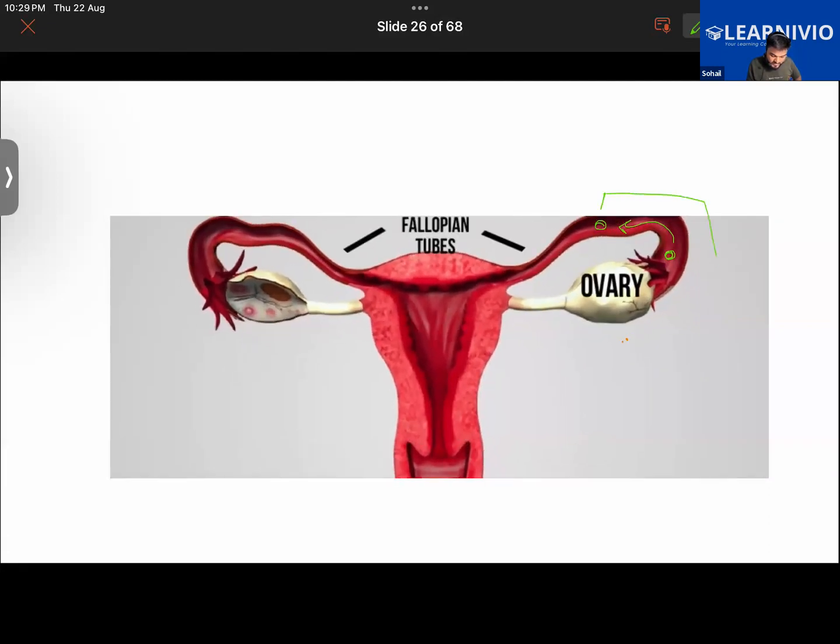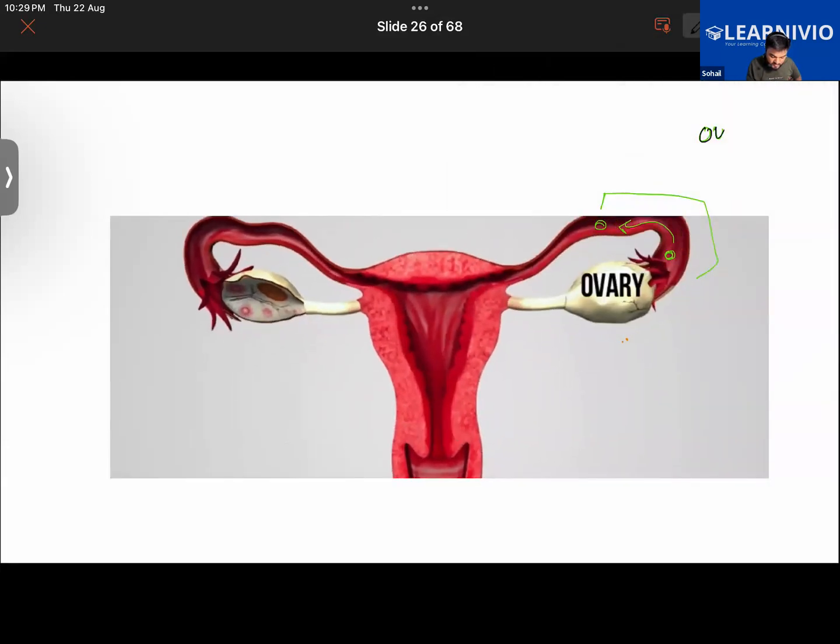This whole tube-like structure is called the oviduct, or we also call it the fallopian tube. So far clear? This is the ovum, a mature ovum that is released once in a month into the fallopian tube.